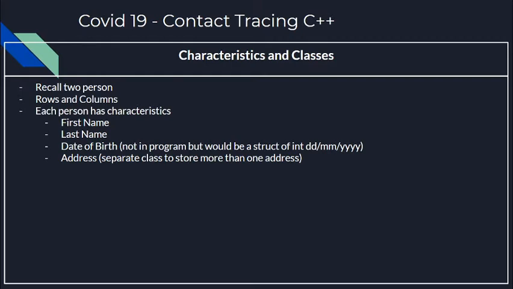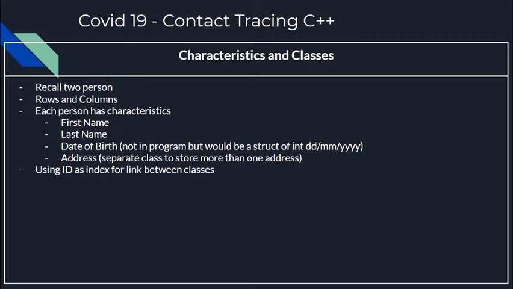You can apply that concept if you wanted to do location-based tracing: where was this person within the last couple of days? You can use the address class to deal with location. That's an expansion, so not just who was contacted, but where.